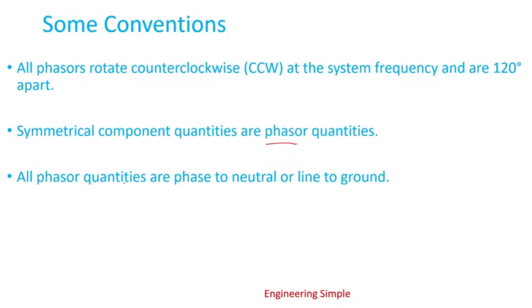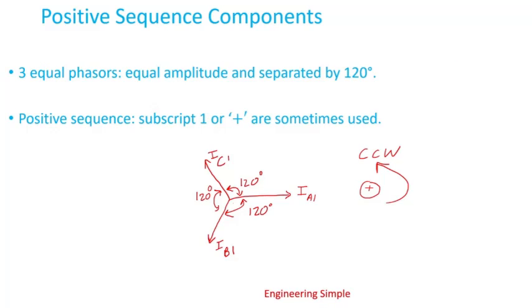All phasor quantities are phase to neutral or line to ground. And again, the counterclockwise rotation is a convention. You can do clockwise, but you have to be consistent throughout the system. But I think universally counterclockwise is the norm.